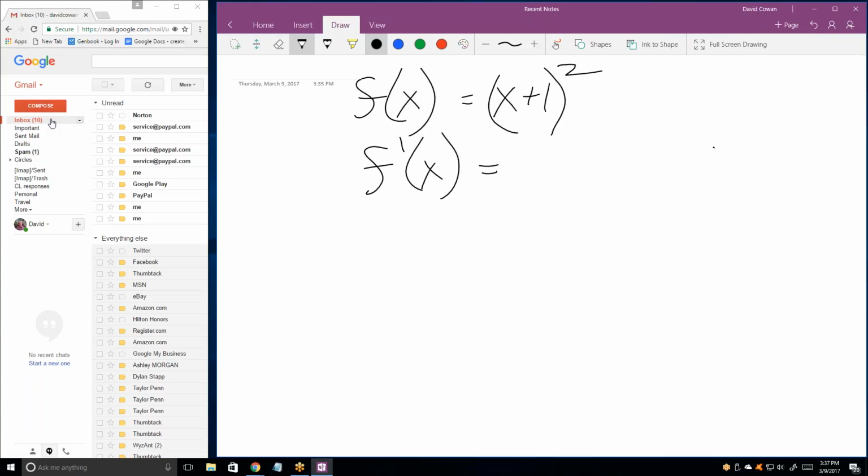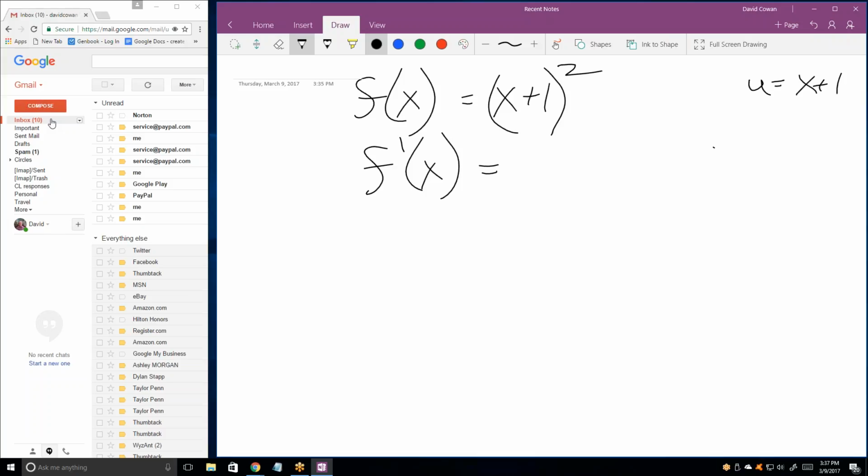Well, let's first of all talk about what is the inside here. X plus 1. Yeah, and just for the heck of it, I'm going to list it over here. Okay. Now, what's the derivative of the outside? You can use the power rule.